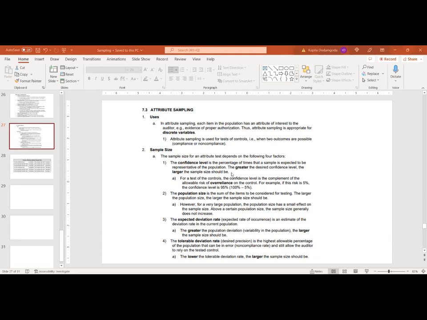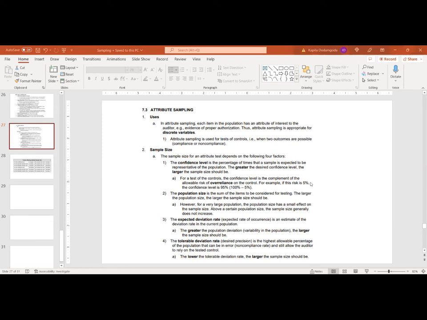That is number 1. For a test of controls, the confidence level is the complement of the risk. The higher the confidence level required, the bigger the sample should be. So the higher the confidence level, the lower the risk. Obviously, if you are going to predict something with a higher confidence level, that means very low risk in that judgment.